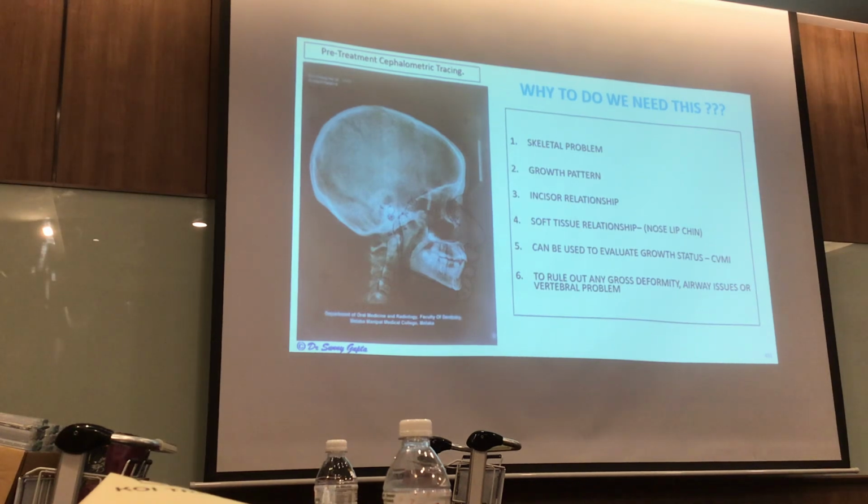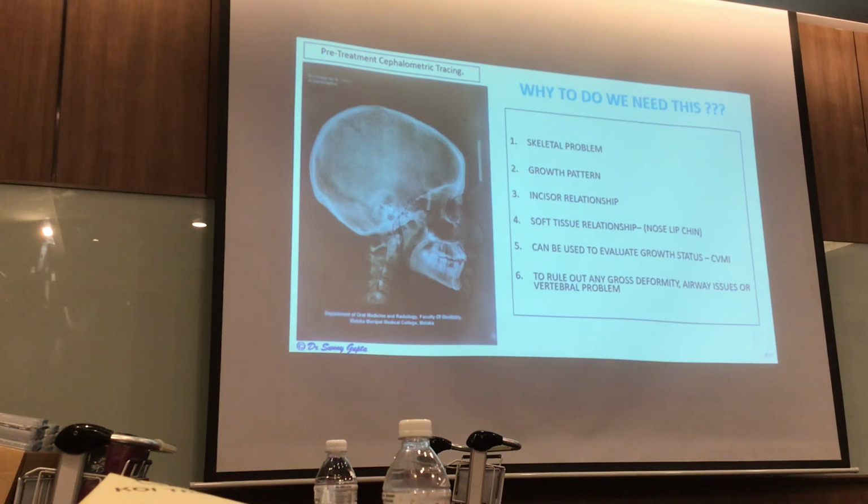I'm not telling you it is increased by 1 millimeter, 2 millimeter, 3 millimeter. But can you get an idea whether the maxilla is prognathic or the mandible is retrognathic? Yes. Can you check clinically whether the patient's growth pattern is vertical, horizontal, or average? You may not be able to tell if it is 28 degree or 32 degree or 23 degree, but at least you can tell whether it is horizontal or vertical.